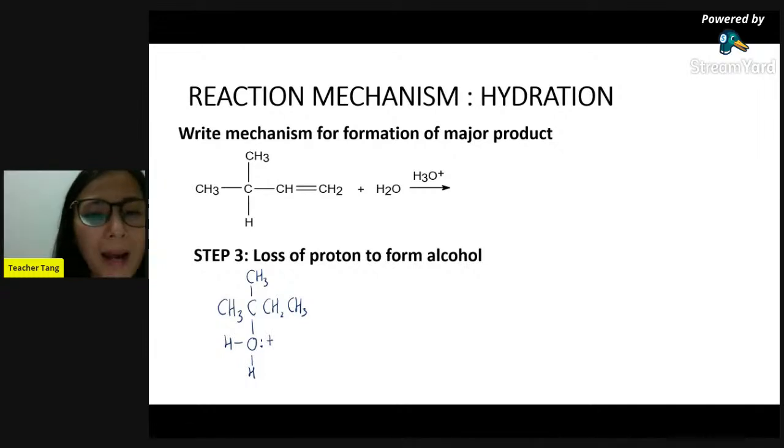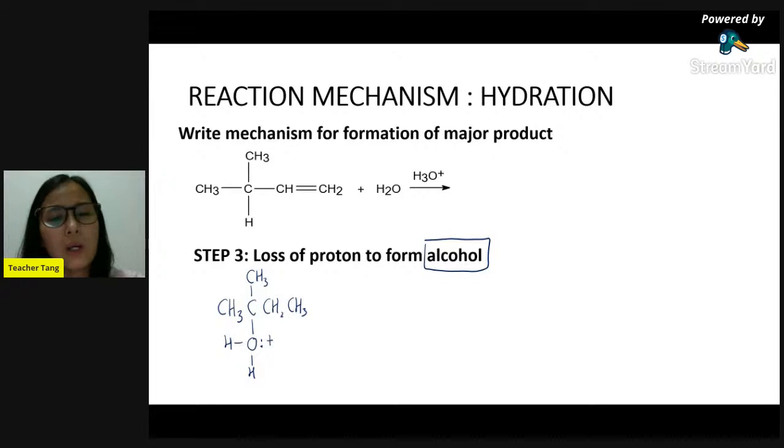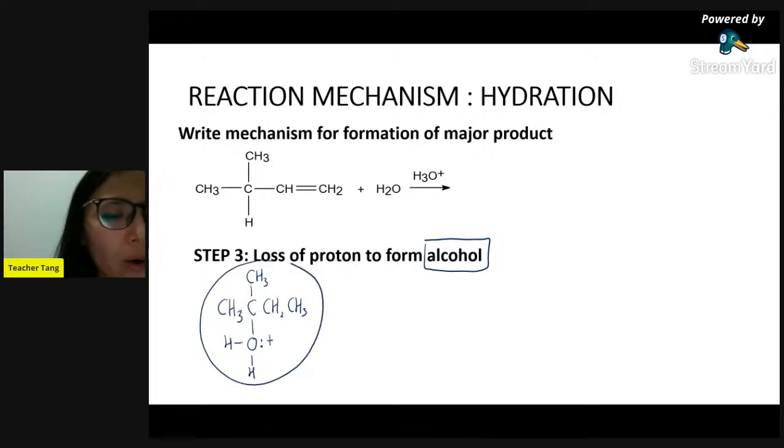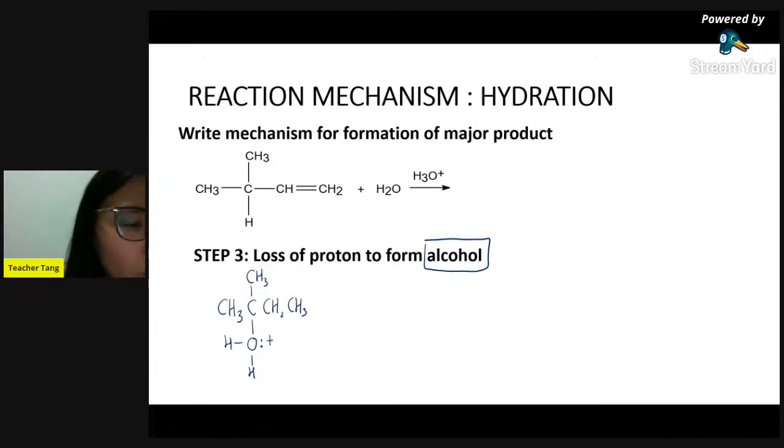We want to form alcohol. This is not yet alcohol because alcohol only OH. But here we have 2H and 1O. We just want 1H and 1O to form alcohol. So means that what we need to do is we need to remove this hydrogen.